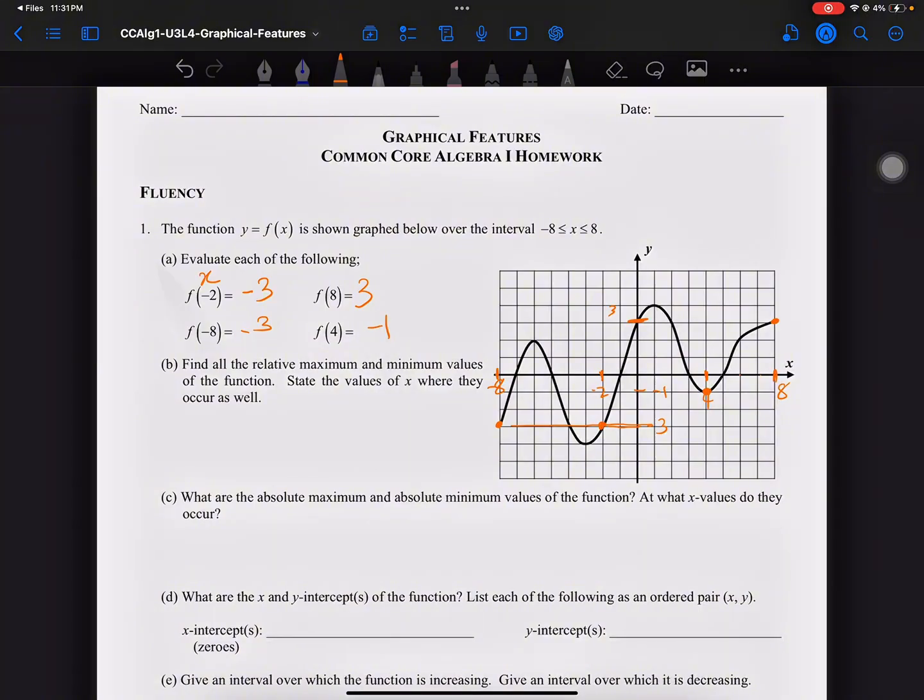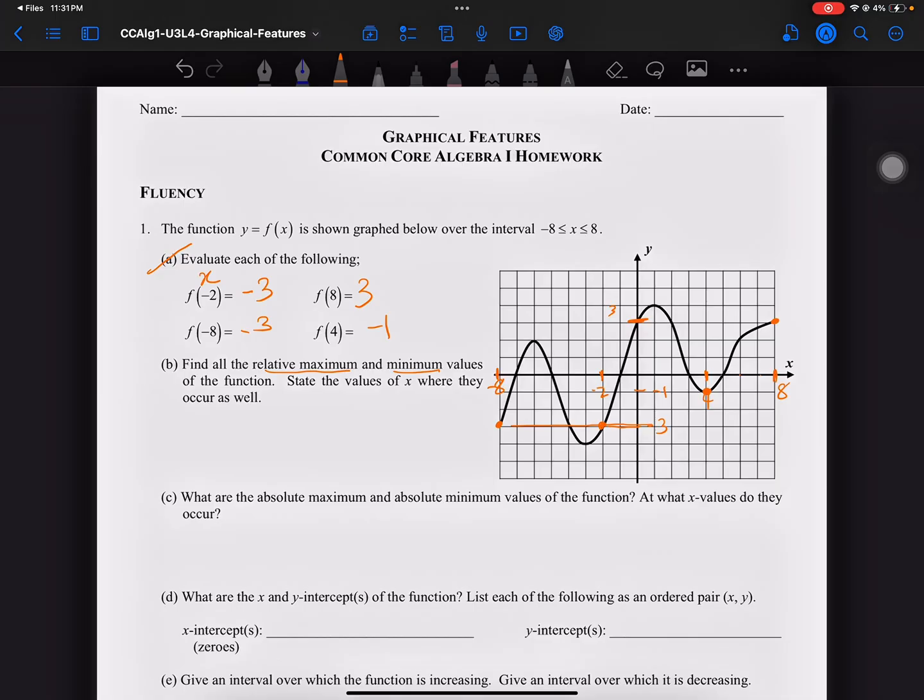Okay, so question A: when we evaluate a function, we are reading the height of the graph at a certain x value. B asks for relative maximum and minimum values. A relative maximum is a high point that's higher than the points nearby, and a relative minimum is a low point that's lower than the points nearby.